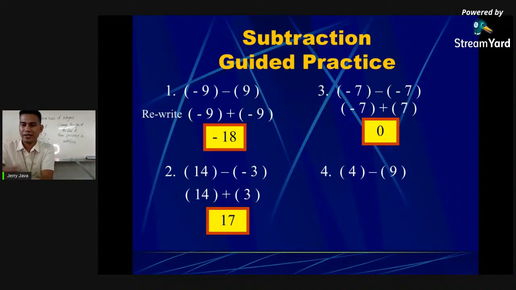Type in your answer, kids. 4 minus 9, or positive 4 minus positive 9. I'm seeing negative 5, negative 13, negative 5, negative 5, negative 5.